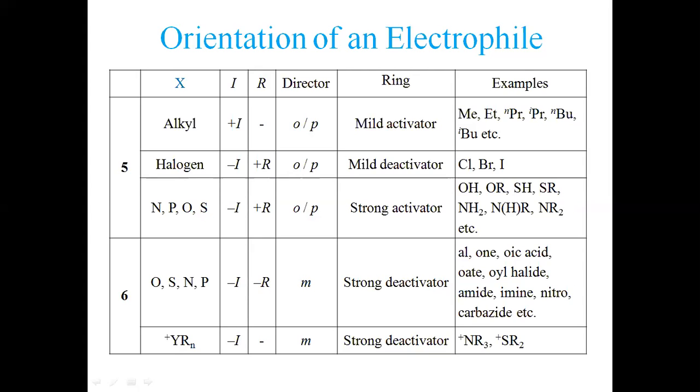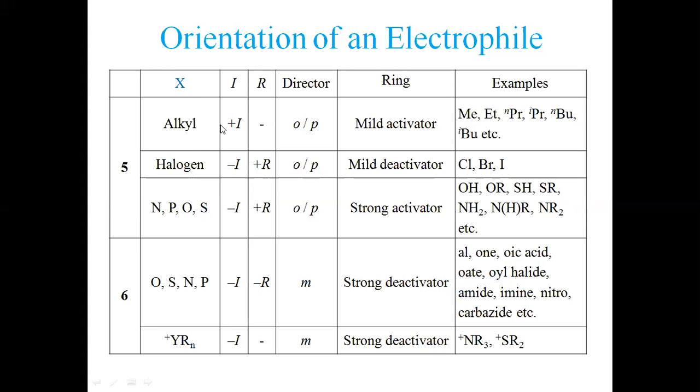Normally resonance effect dominates over inductive effect. This is true in that case, but this is opposite. Here inductive effect is dominating over resonance effect. That's why this is not activating. If you have a halogen present on the aromatic system, it shall be ortho-para but a deactivator. It shall not activate the ring, in fact, right? So X may be chlorine, bromine, or iodine.